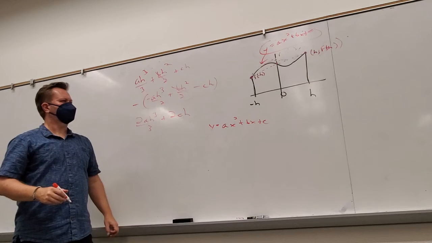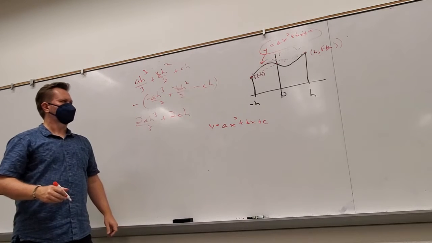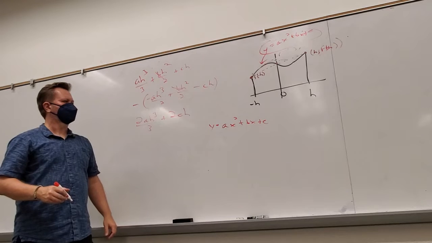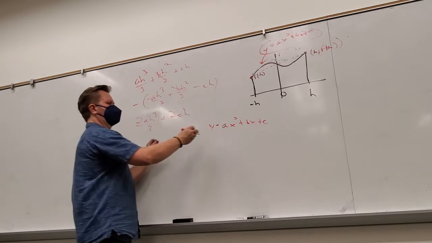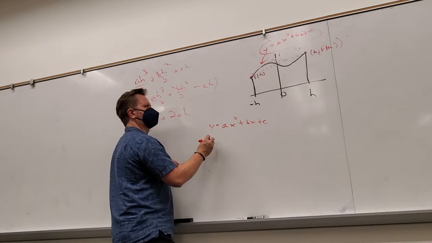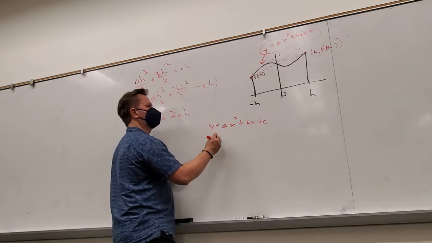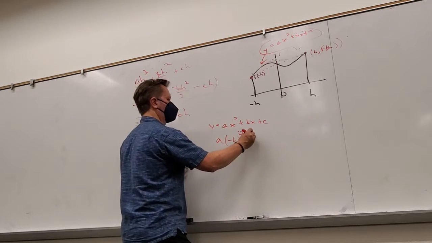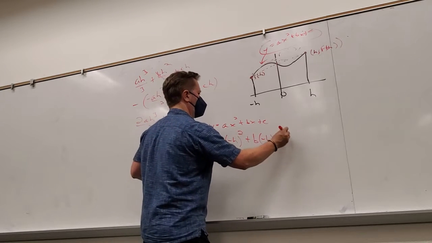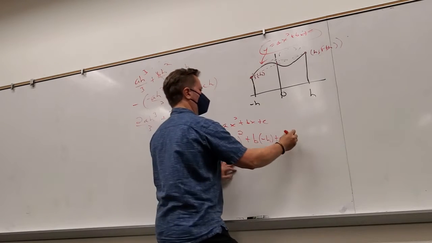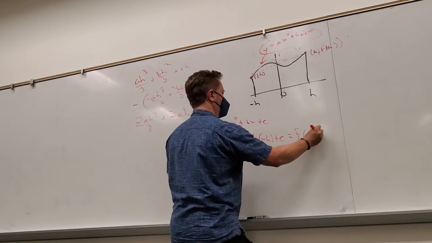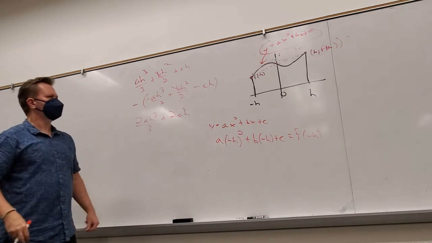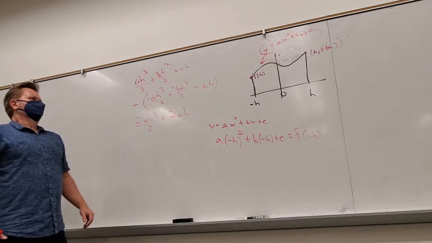Let me think for a second. When I plug a negative h in, then I should get f of negative h out. I think I'm still missing something. Hold on.